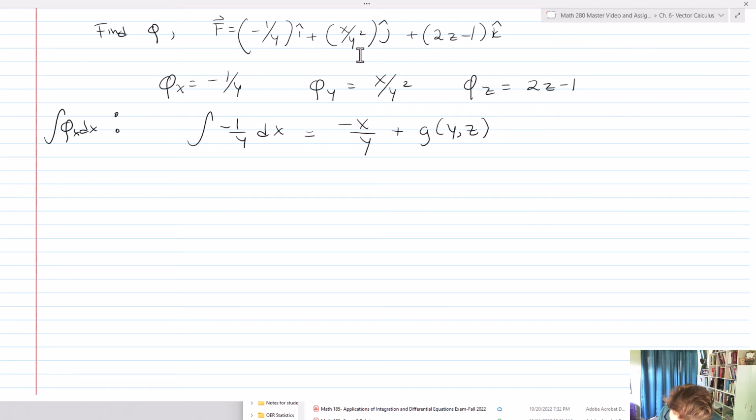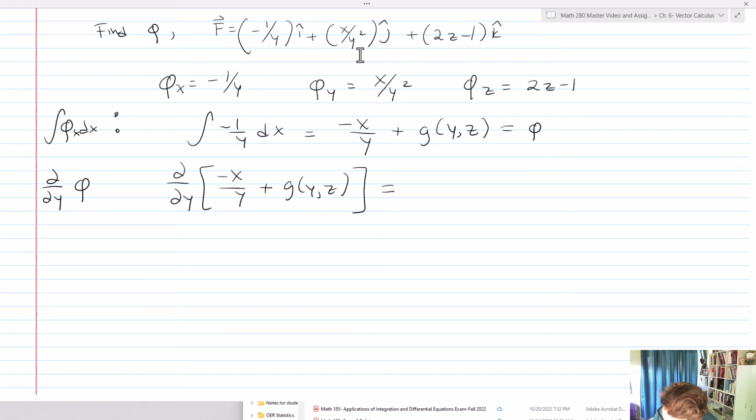Okay, then the next thing we're going to do is take del y of phi. So we've got del y of negative x over y plus g of yz, and this is going to end up equaling x over y squared, so that's the derivative of negative x over y with respect to y, plus we'll call this g of y.